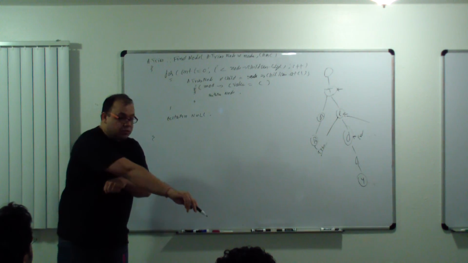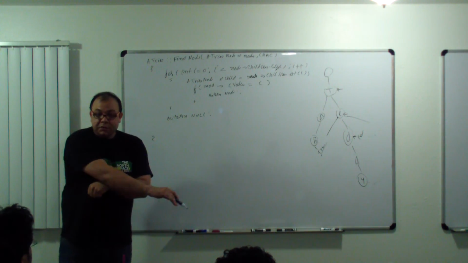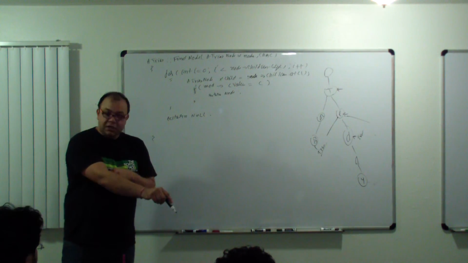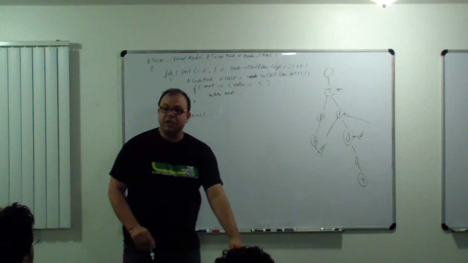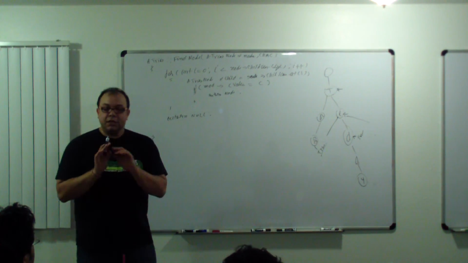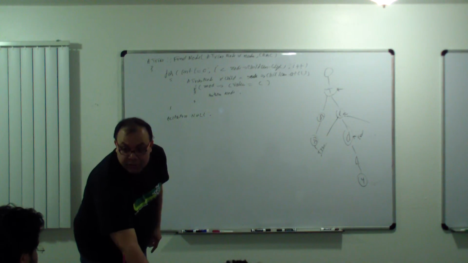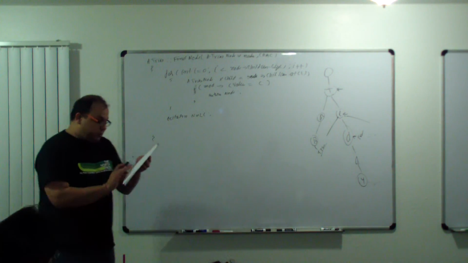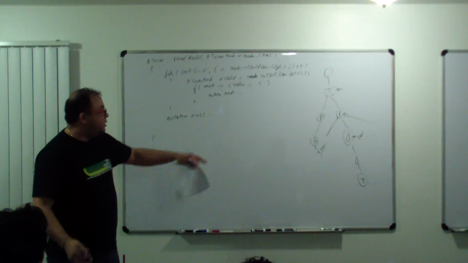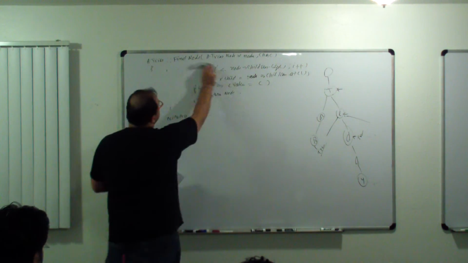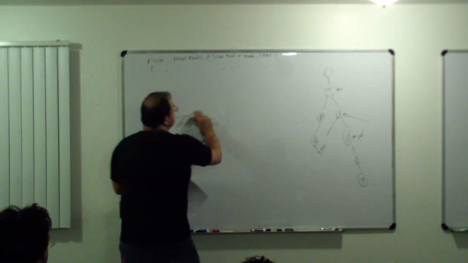In my children, find if there is a node with c or not. If there is, then I will just make current equal to that child. If there is not, then create a new node. So this function is a helper function. Now there is another public function which is search the word. That's why you said it's private.